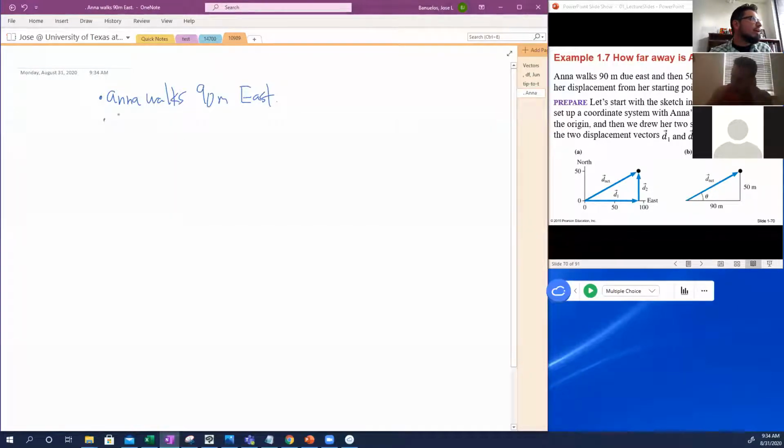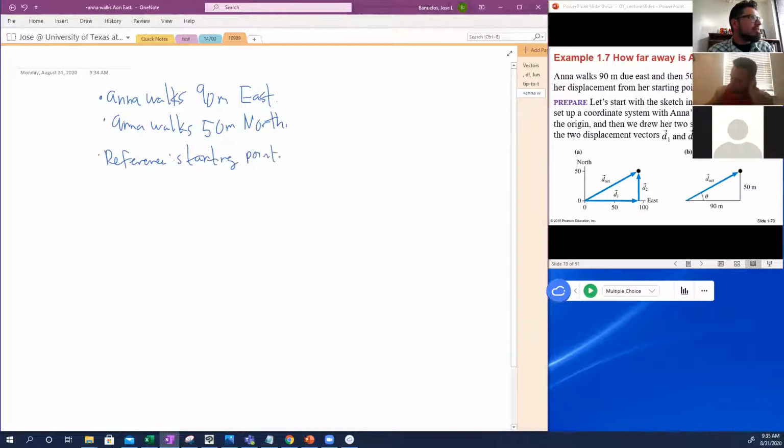And then Anna walks 50 meters north. When you think about this, you should imagine that this is like two vectors that you can draw. And in this case, the reference is going to be her starting point.